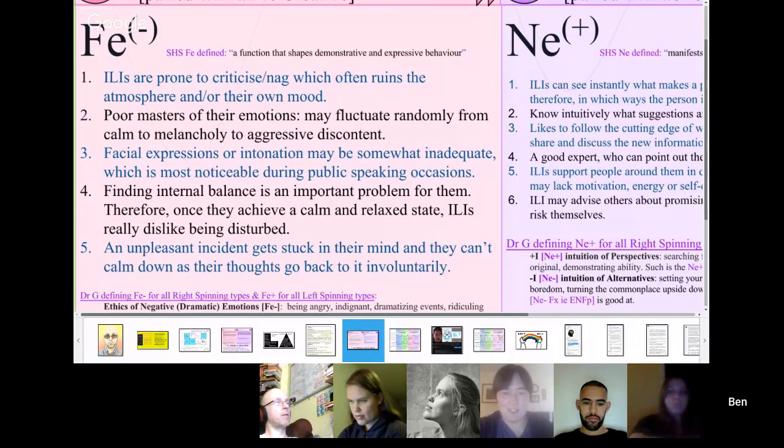It is a problem to find internal balance because sometimes I don't know how I feel about things. Say I'm in a restaurant and someone asks, what do you feel like eating? I feel like eating this, I think.